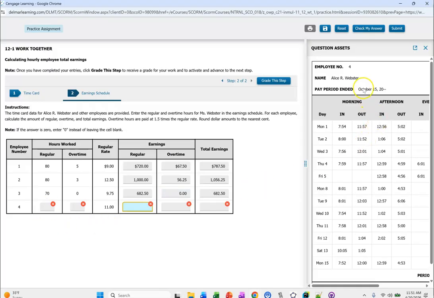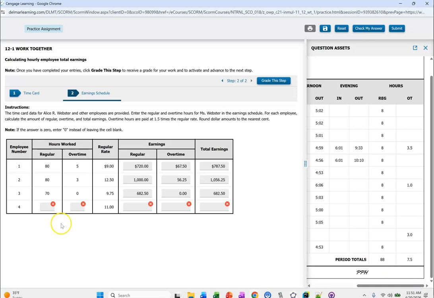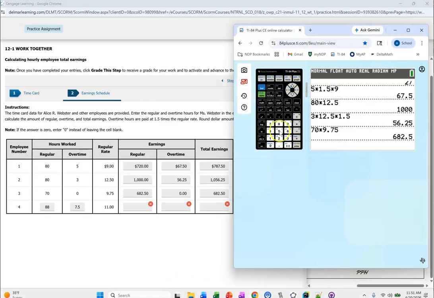And then employee number 4, that was our girl Alice A. Webster, who had 88 hours of regular time and 7.5 hours of overtime. And she earns $11 an hour. Well, Alice here is putting in the work, you know.